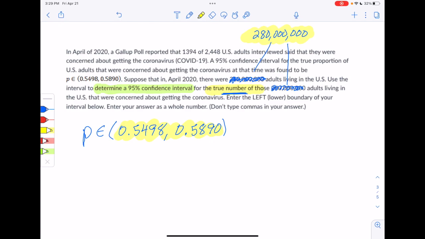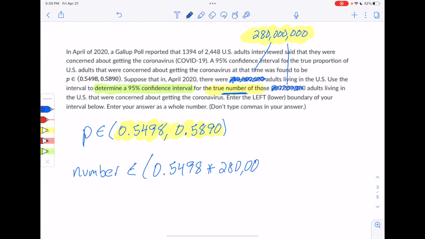So when we want to switch our interval to now be about the number instead of the proportion or the percentage, then what we need to do is take that 0.5498 and multiply that by 280 million. Because that's going to switch it from a proportion to a count. And then we do the same thing to get our right boundary.